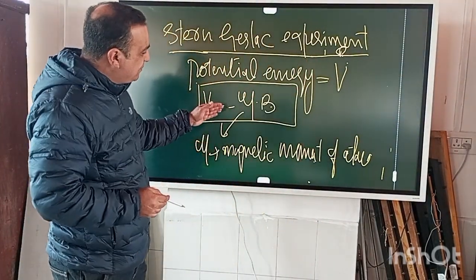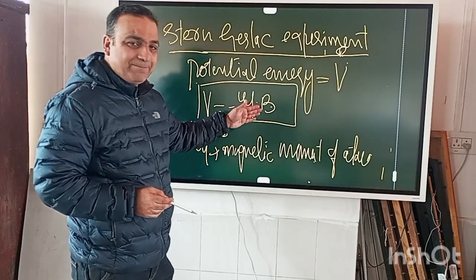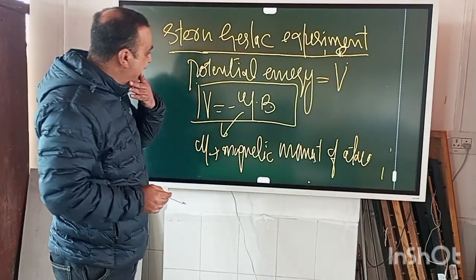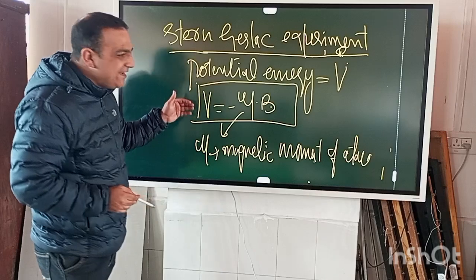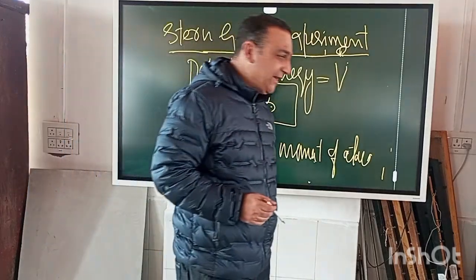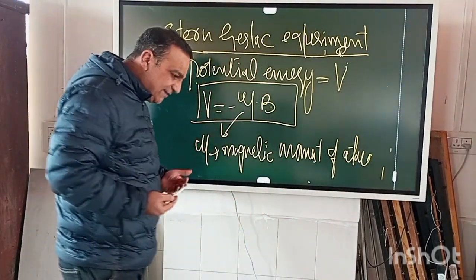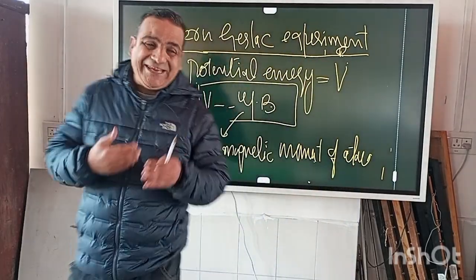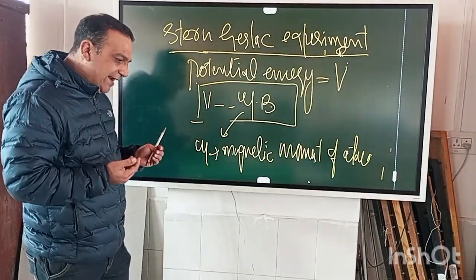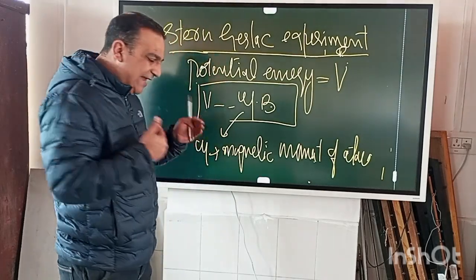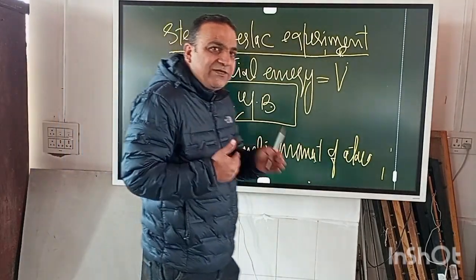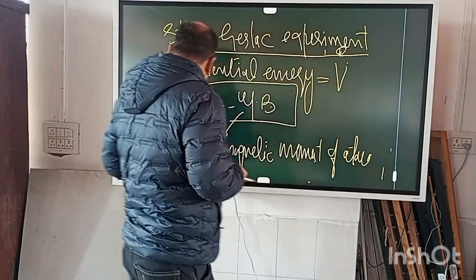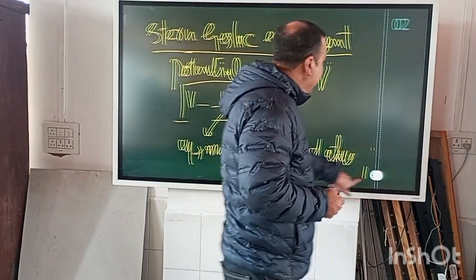So mu is my magnetic moment, B is the magnetic field we are applying on these atoms, and V gives us the potential energy. As we understand from the basics of physics, if you have to calculate the force, you can calculate it in terms of the potential energy.